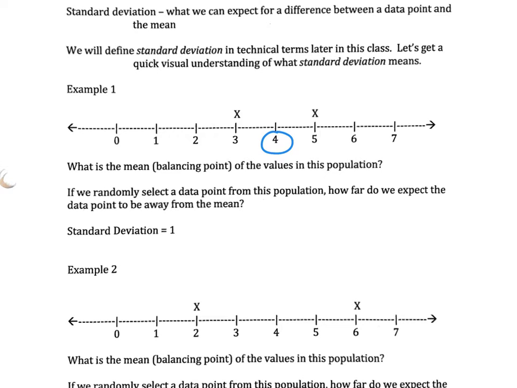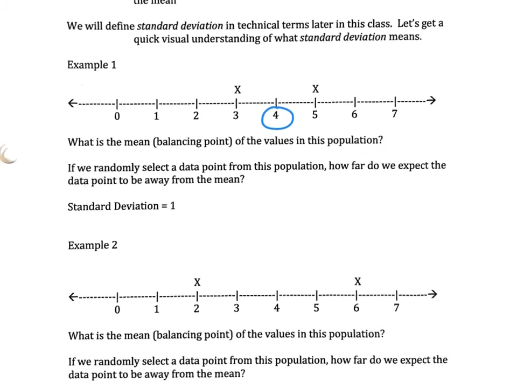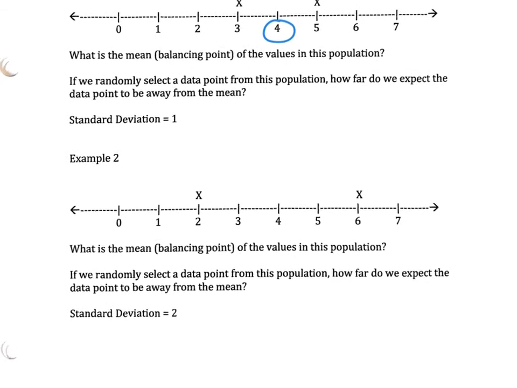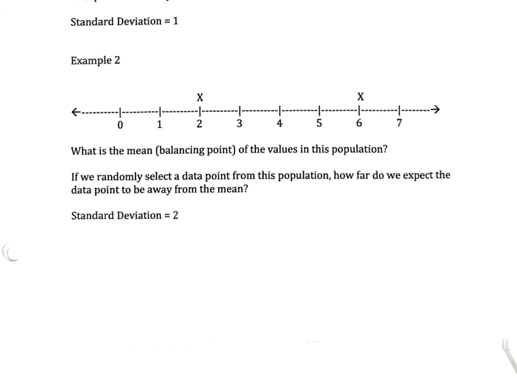So in this two-value data set, if you were to randomly choose one value, how far would you expect it to be from the mean? And I think it's obvious that you would expect it to be 1 away from the mean. You only have two choices, 3 and 5, and they're both 1 from the mean. Simple version, or a simple way to visualize what standard deviation is.